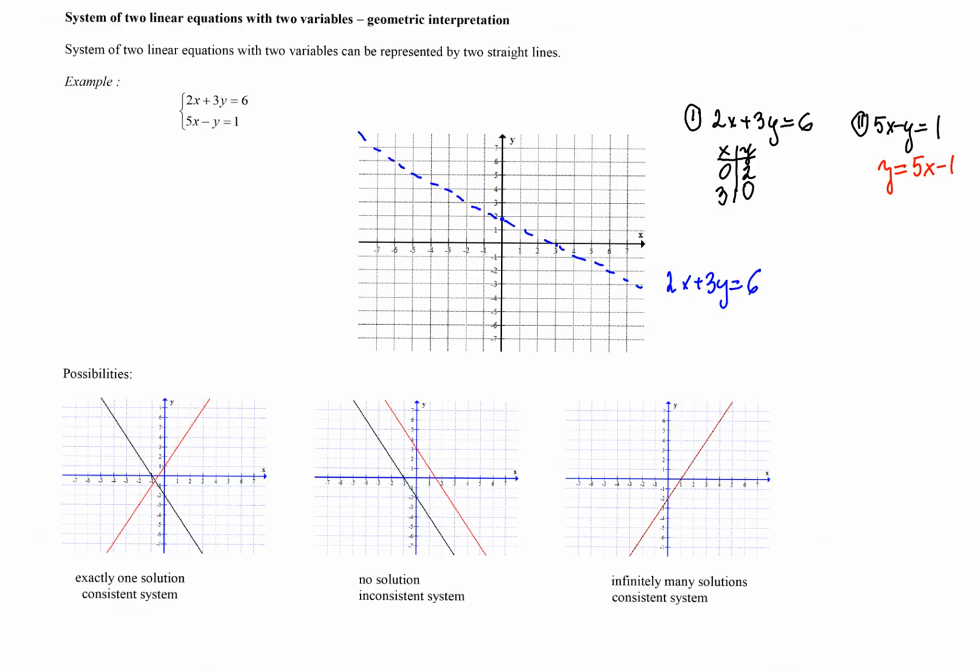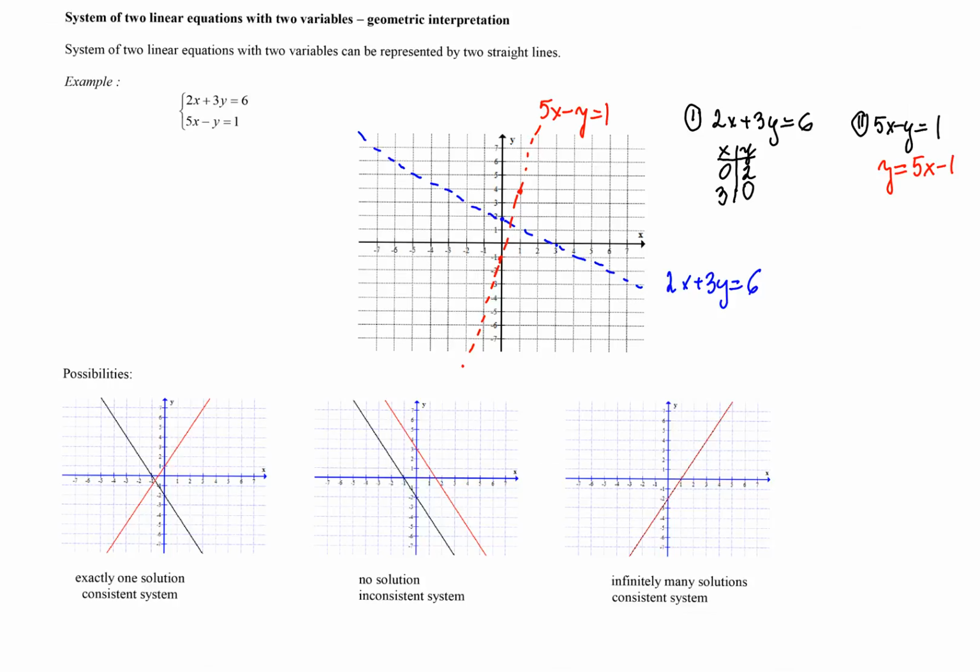Therefore the y-intercept is -1 and the slope is 5, so we go 5 up and 1 to the right, and we have the 2 points needed to graph that line. So we graph the line, and this line represents all the points that satisfy the equation 5x minus y is equal to 1.